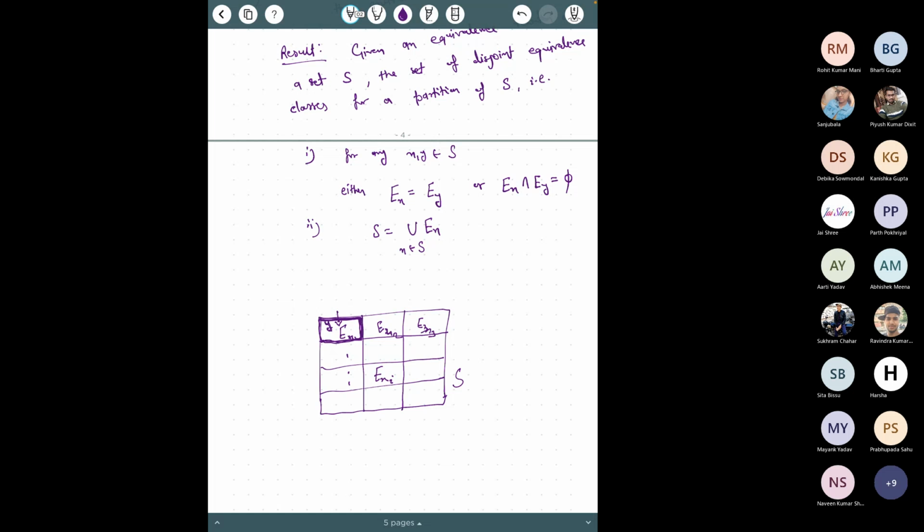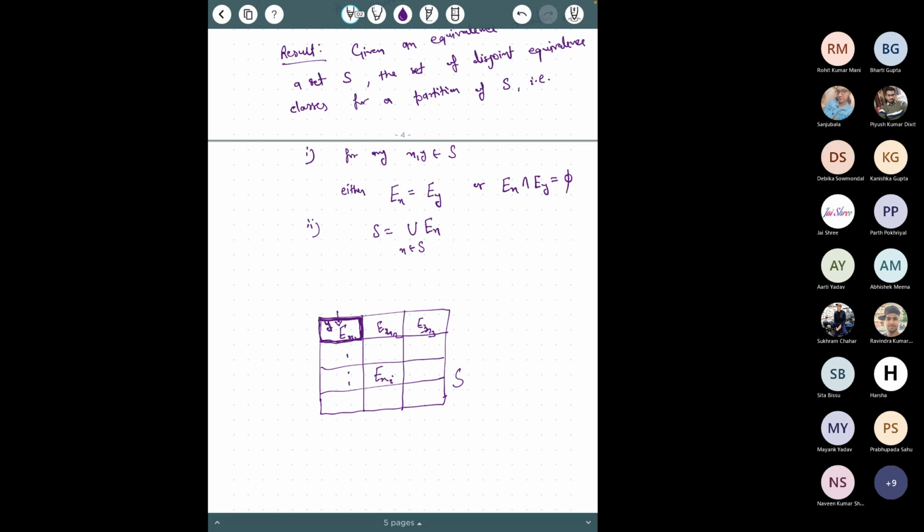Now the question is, okay, they are related. This relation actually gives you a lot of information, depending on what the relation is. For example, this similarity relation tells many things about two matrices: if they are similar, then they enjoy some nice properties, and some of the properties are exactly the same for all matrices that are similar.